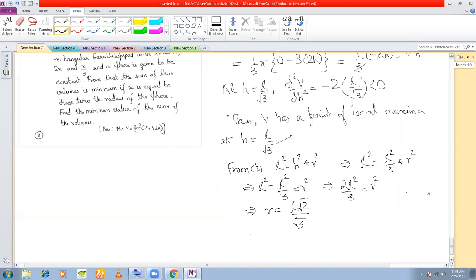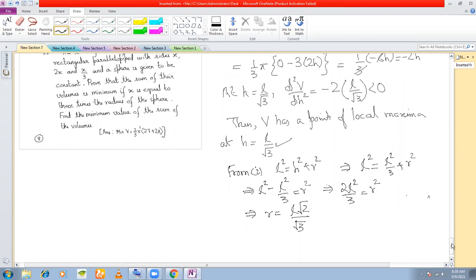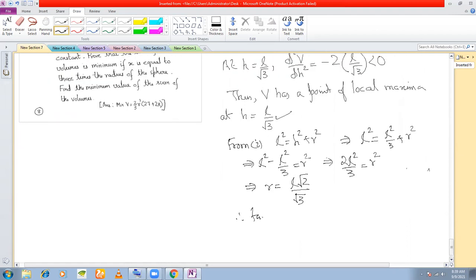So therefore, tan theta is equal to r by h, which is equal to, what is the value of r? L root 2 by root 3. And what is the value of h? L by root 3. So what you see here, root 3 will cancel, and L will cancel here. You simply get root 2. That means theta is equal to tan inverse root 2.